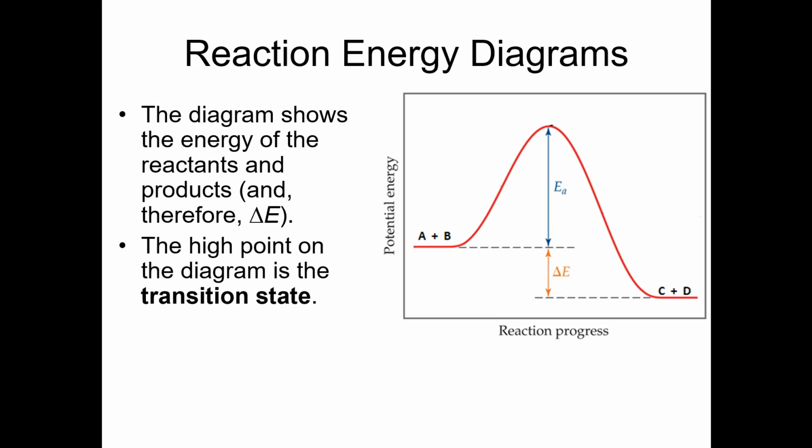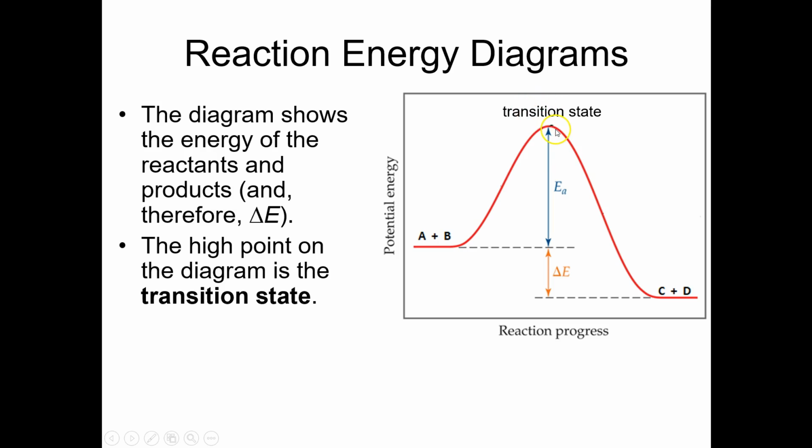The highest point on the curve, the highest point on the diagram, is what's called a transition state, and it doesn't correspond to a particular species. You don't want to confuse a transition state with a reaction intermediate. It's just that place along the curve in which bonds are being broken and bonds are being formed, at which the potential energy of the system is the highest.